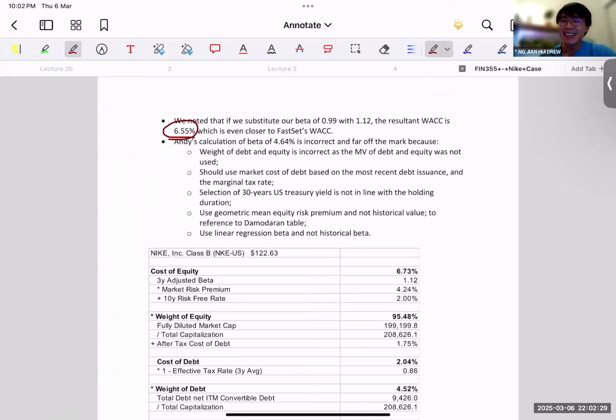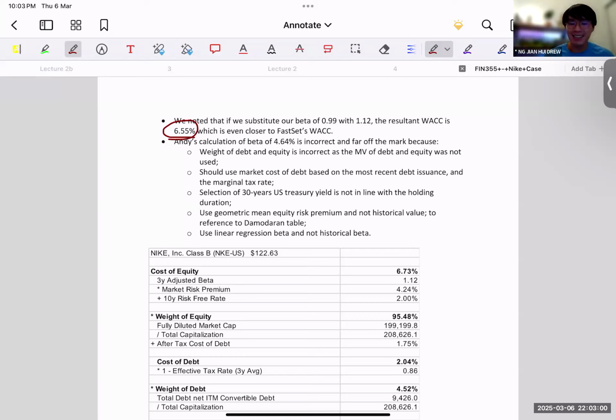So there's a Greek philosophy about this, where you draw legs on a snake to say that a snake needs legs to walk. In other words, what it's trying to say is that if I replace my beta with the beta that is given from FactSet or S&P Capital IQ, then my answer is very close to theirs.